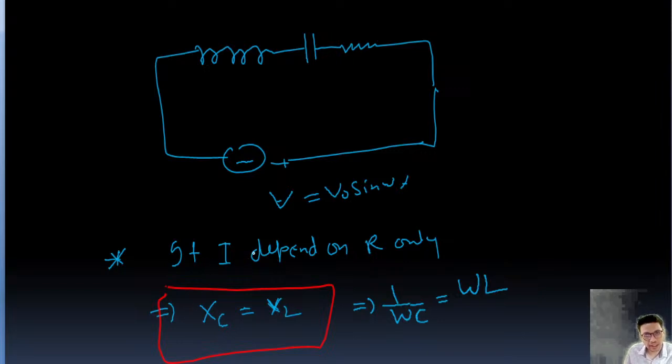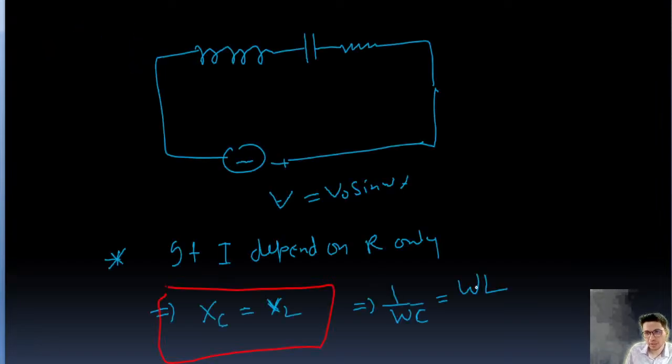So if current depends only on R, it means XC equal to XL. From here we can get the value of omega.